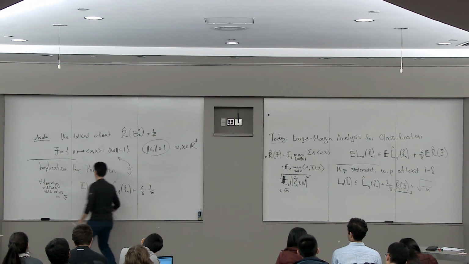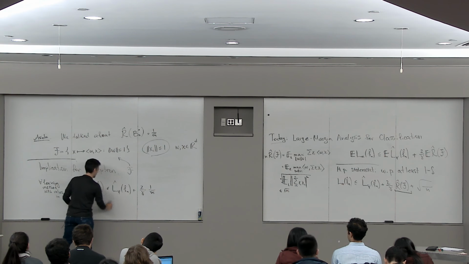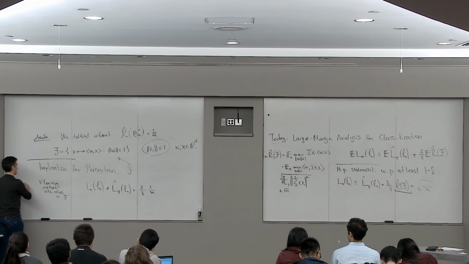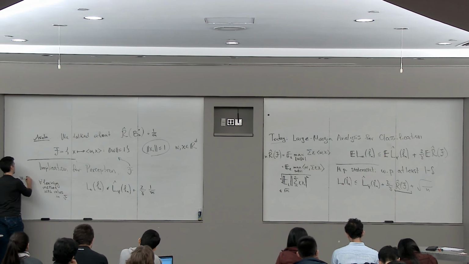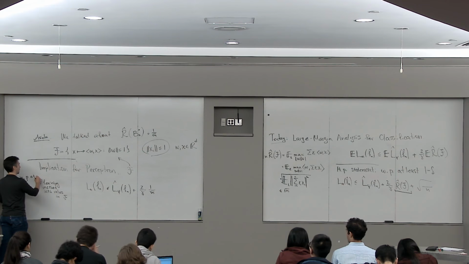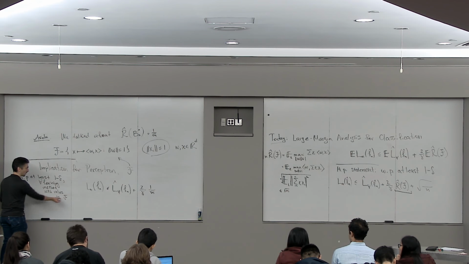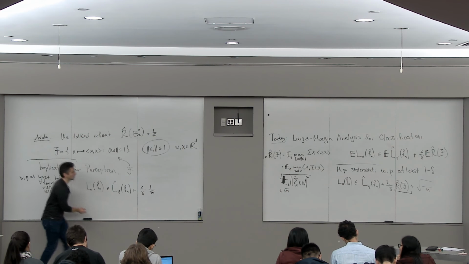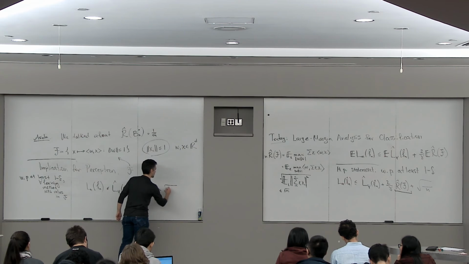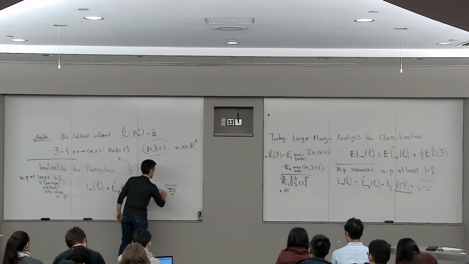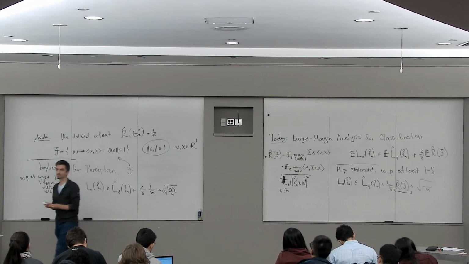Let's erase both expectations, it will be easier. So with probability at least 1 minus delta, for any learning method with values in F, this holds, and then there is something which I'm not going to specify, log 1 over delta over n, some constants, and so forth.